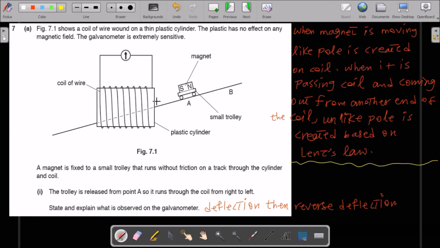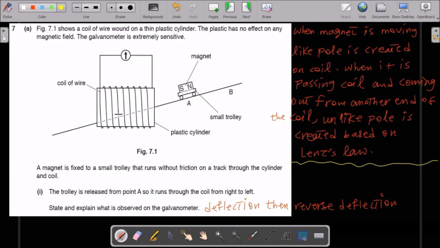So based on Lenz's law, when the magnet comes towards the coil, the coil reacts to this motion because of Lenz's law and creates like poles to decrease the speed of the magnet. And then when the magnet is passing through the coil and coming out from the other end of the coil, again based on Lenz's law, the coil creates unlike poles to attract the magnet.